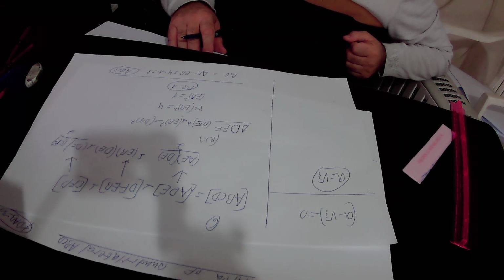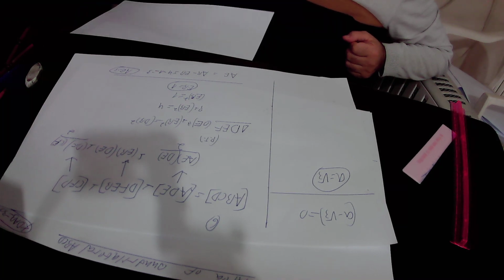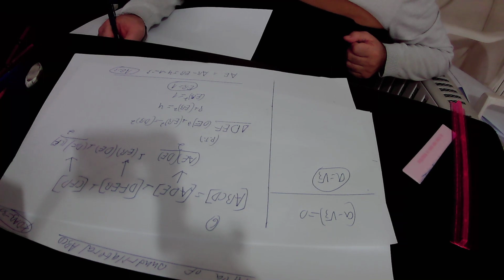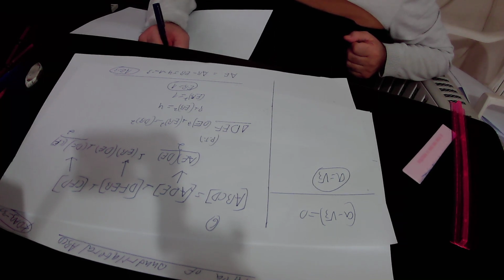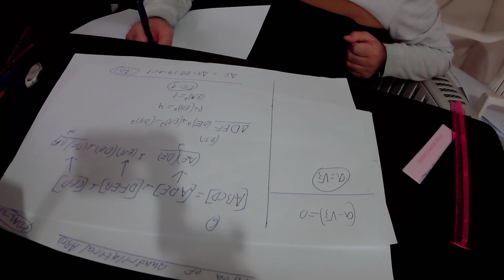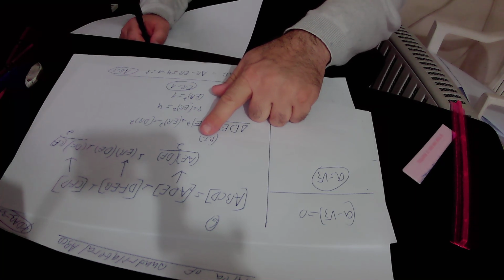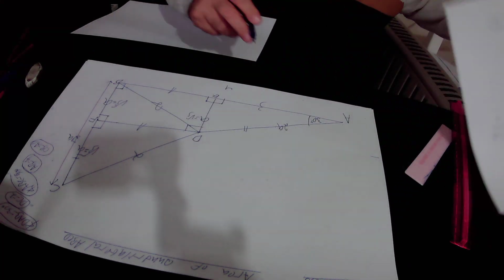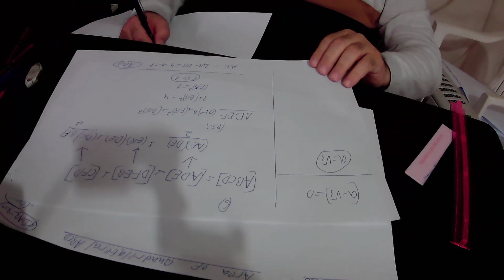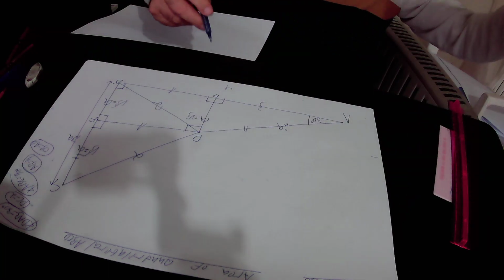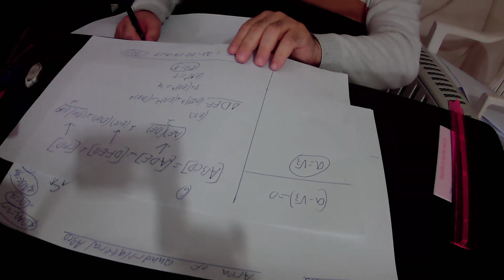We found out that the area of quadrilateral ABCD equals the area of triangle ADE, and the area of triangle ADE is AE, which is 3 units, times DE, which is square root of 3, over 2.